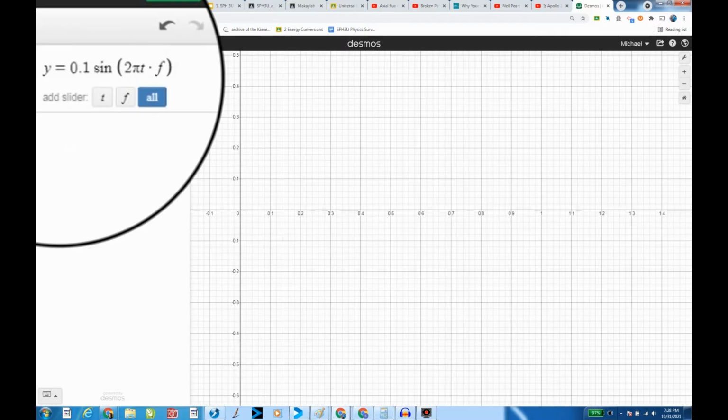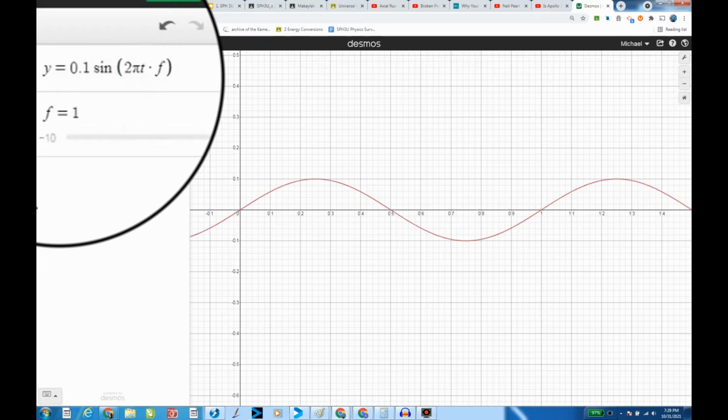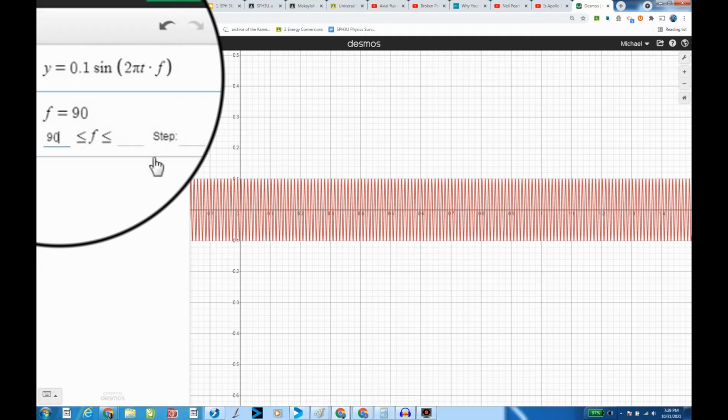Once we've established our small formula here, it stopped plotting it because there are, it would say, too many variables. We have to create a slider for one of these. We're going to make a slider for frequency. And I want our frequency to go between 90 and 110. And we'll let it pick its own steps.